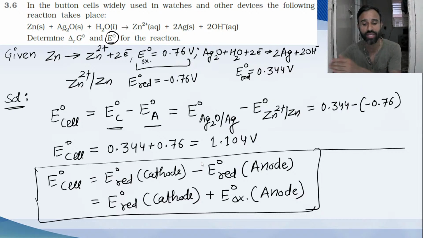We add them, because at cathode reduction takes place and at anode oxidation takes place. Okay, this is the way. Got it?